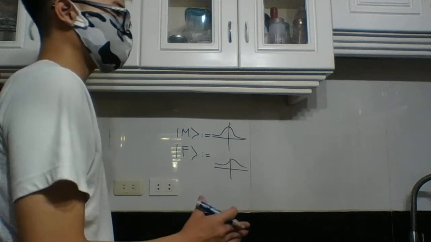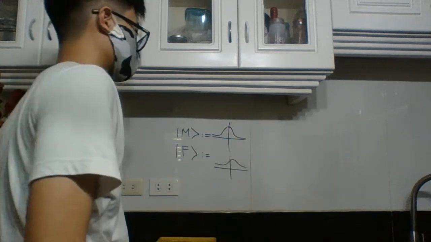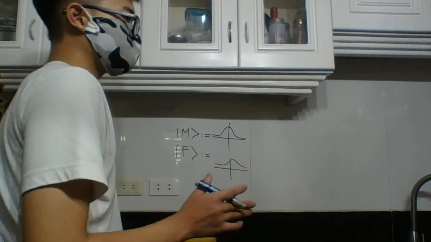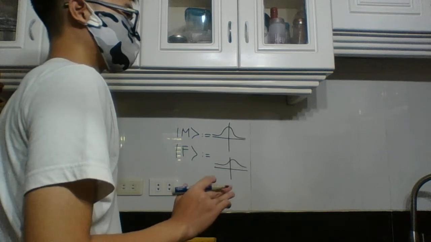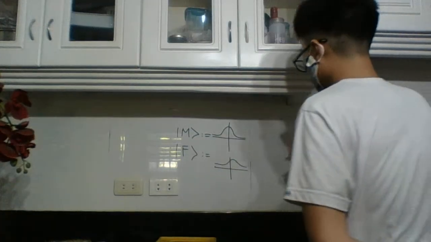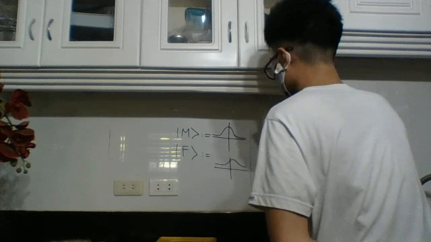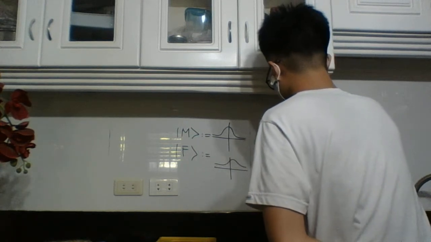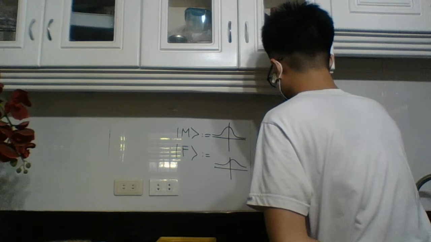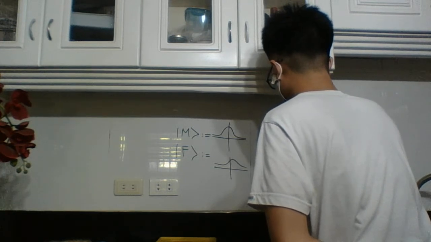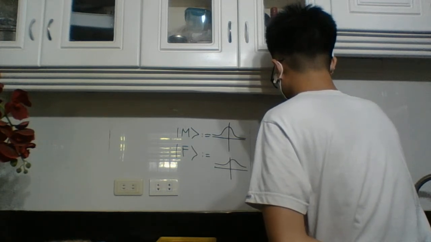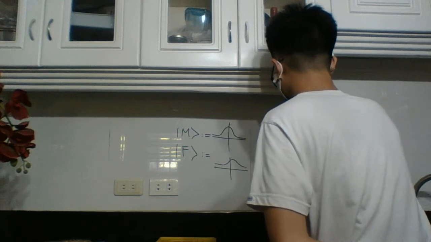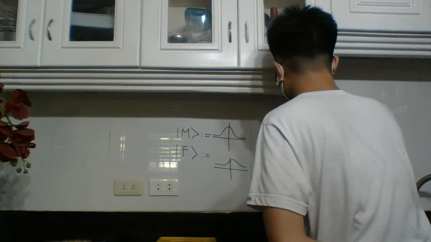Maybe at this point in time, we let time move forward, there's a likelihood, or if we superimpose the two probabilities, or their own wave functions. So there's a wave function for M, and there's a wave function for F, or at least the norm of those wave functions, which would give us probability amplitudes.